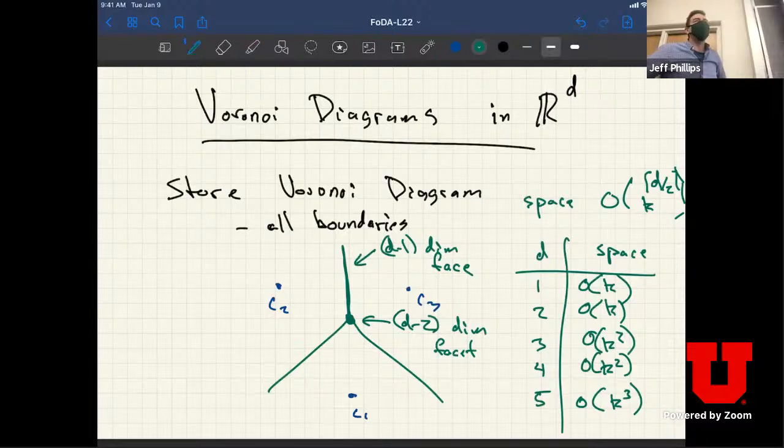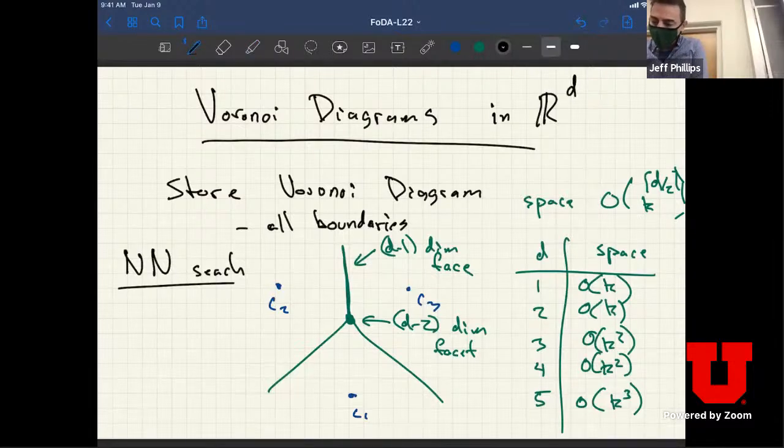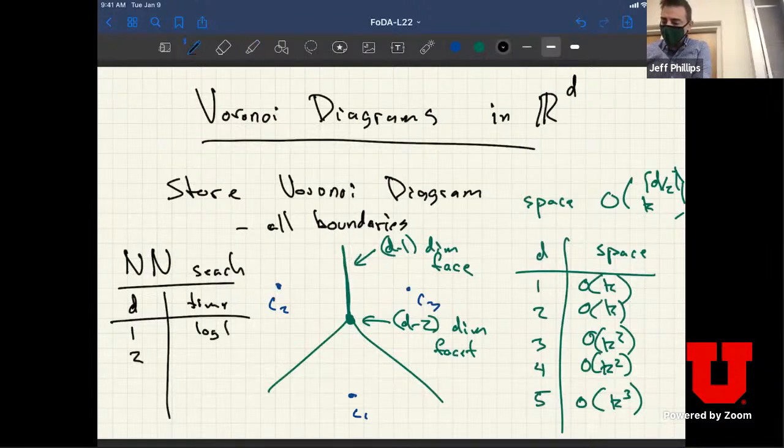Okay, so I want to query the nearest neighbor. So if I want to do nearest neighbor search, if I'm in D dimensions, and this is the time, then for dimensions 1 and 2, I can do log K. But if I'm in 3, well, it's no longer log K, but there's always something I can do for anything of higher dimension.